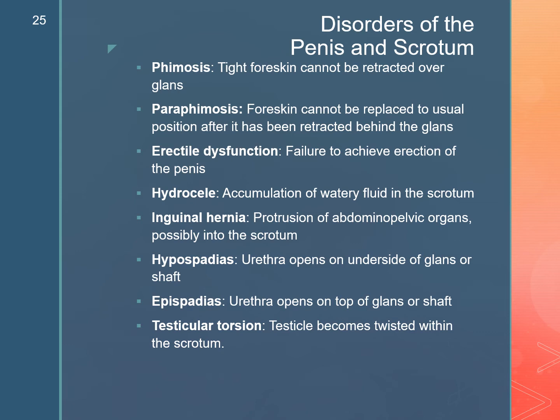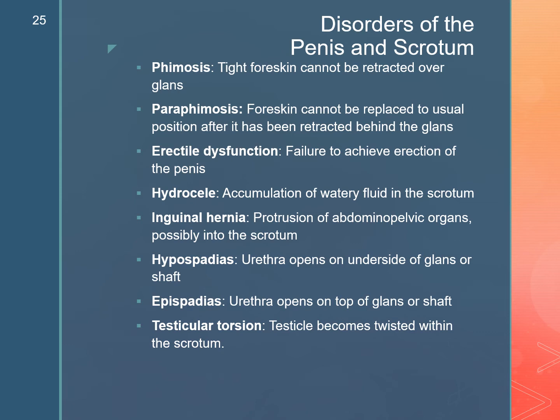Hypospadias refers to the urethra opening on the underside of the glans or the shaft of the penis, and that underside is depicted by when the penis is flaccid, the underneath is going to be touching the body, the closest to the body.